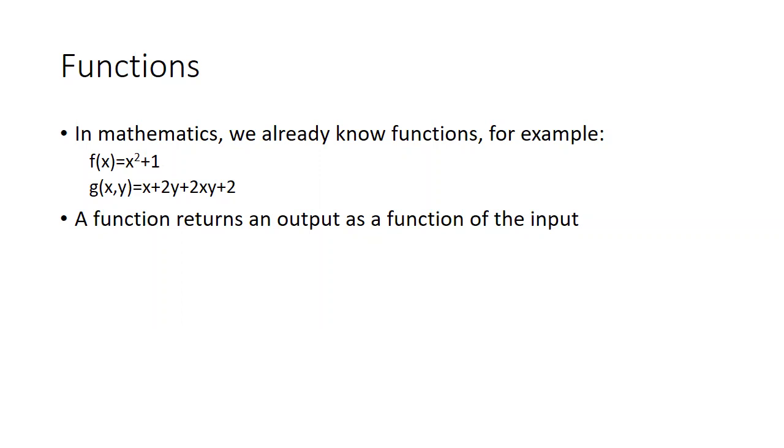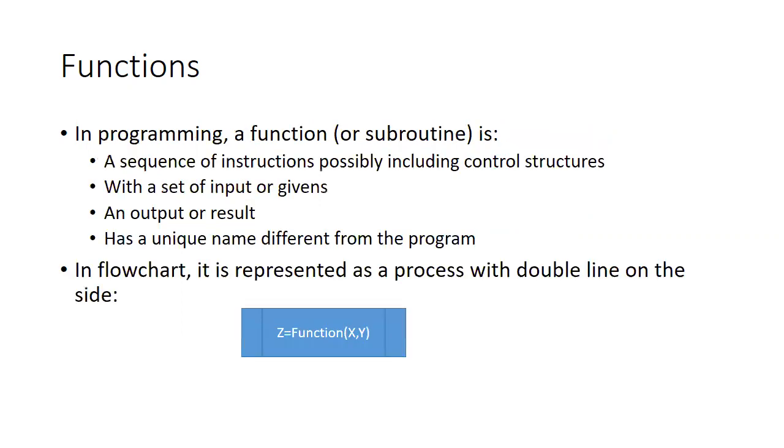That is analogous to what we do in computing functions as well, and it is represented by this function here. What we see there is the z. The z represents some output from the function. The function is going to be processed and it's going to give an output, which we're going to store in a variable called z. The function is going to take two variables, x and y, and process them.